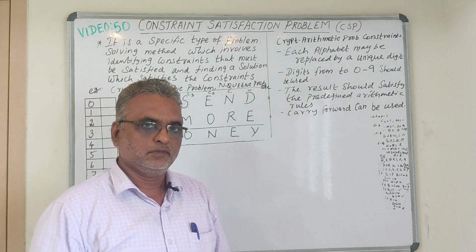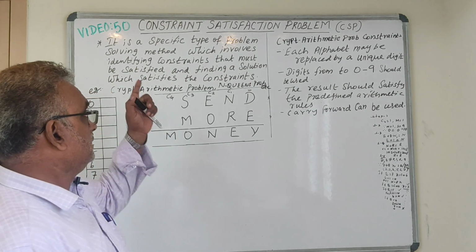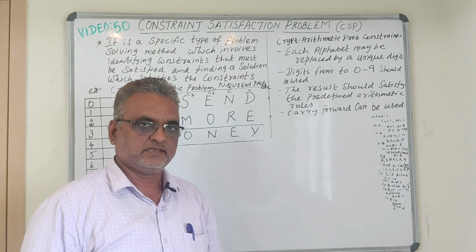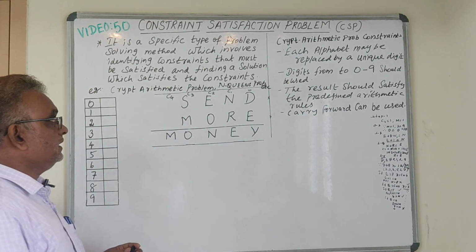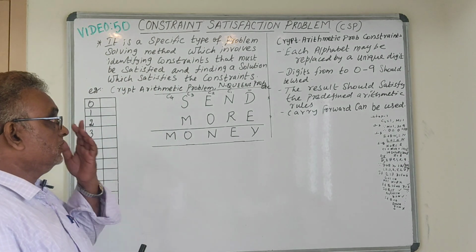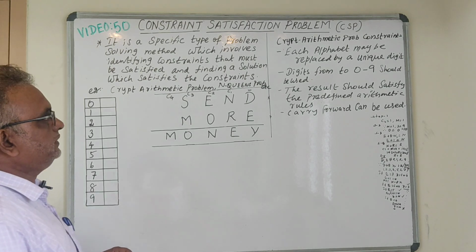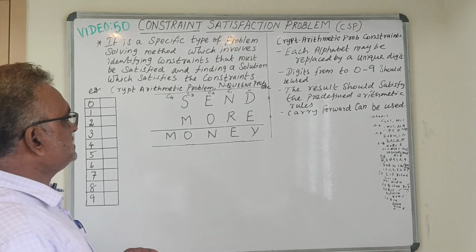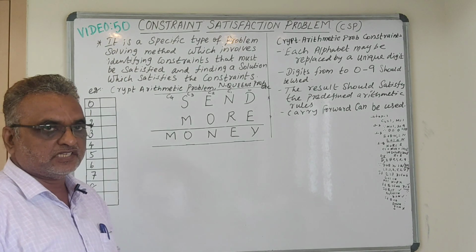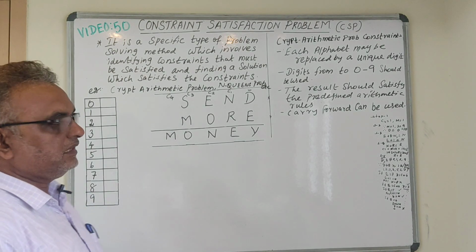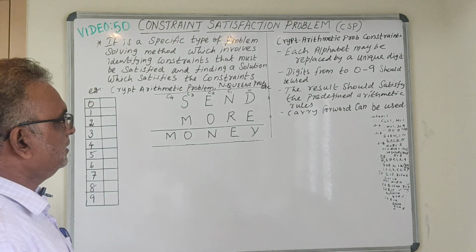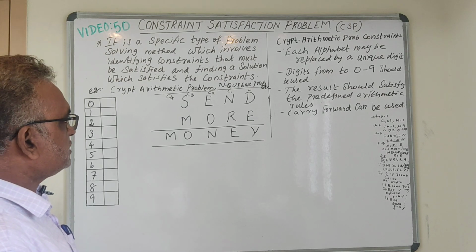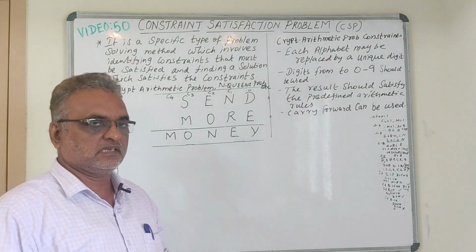So in this video, we are going to discuss the constraint satisfaction problem from artificial intelligence. It is a specific type of problem solving method which involves identifying constraints that must be satisfied and finding a solution, in turn, that should satisfy the given constraints.